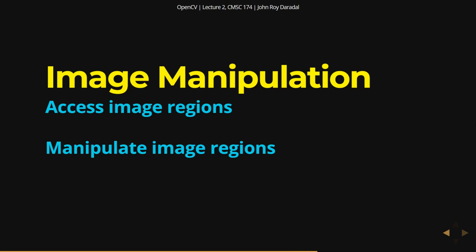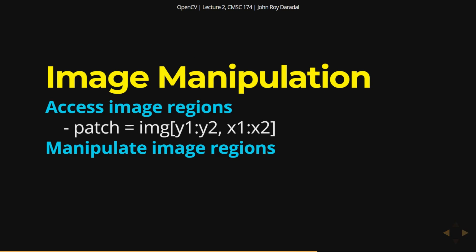Now to access image regions, you can just use a range with coordinates. If you want to access from y1 to y2, this is the row, from row y1 to row y2, and then from x1 to x2, this would be a region defined by y1, y2, x1, x2.